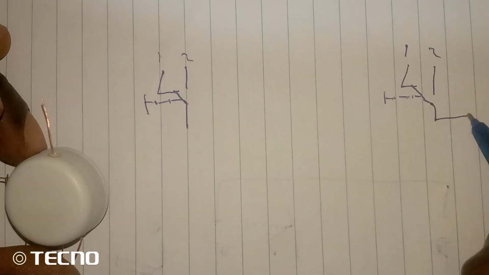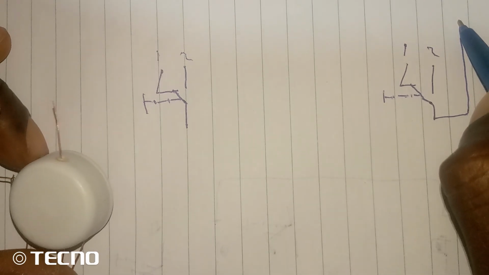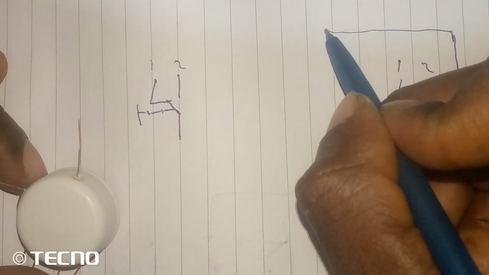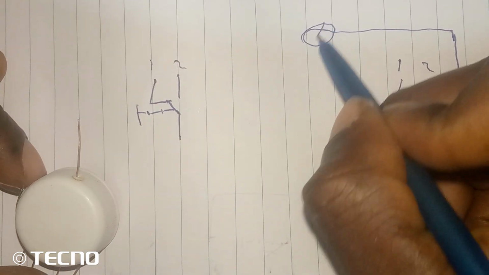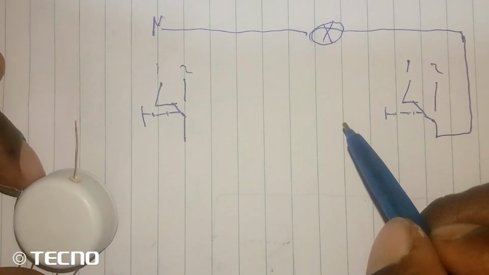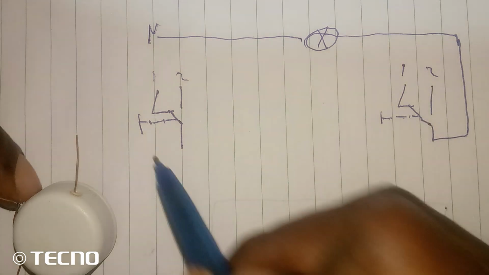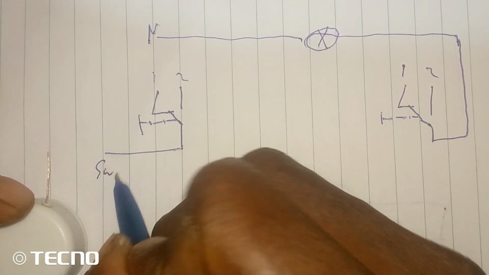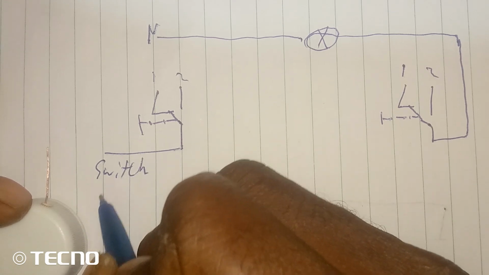Now you have this connected to the light bulb here, and this is the negative, that is the neutral, and then you have this connected to the switch feed.